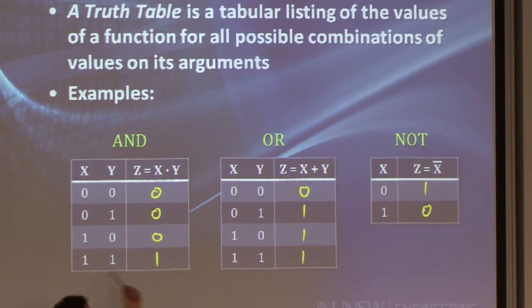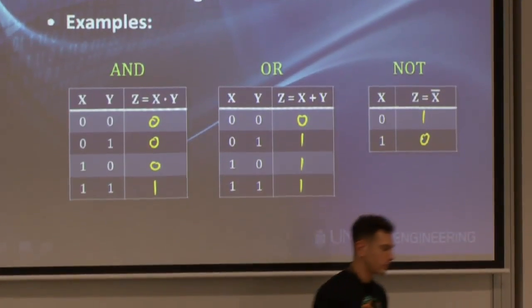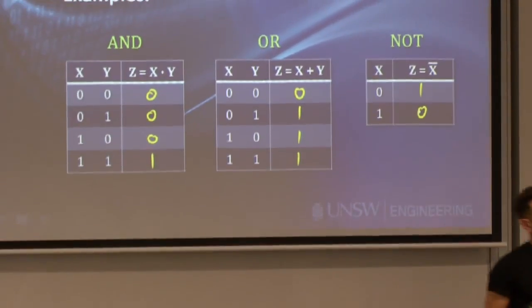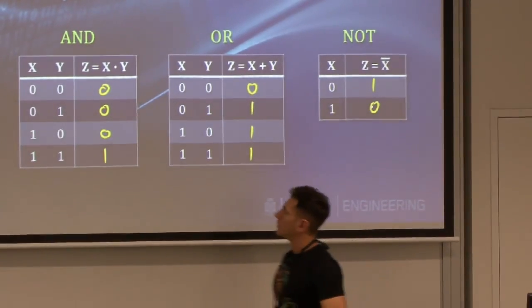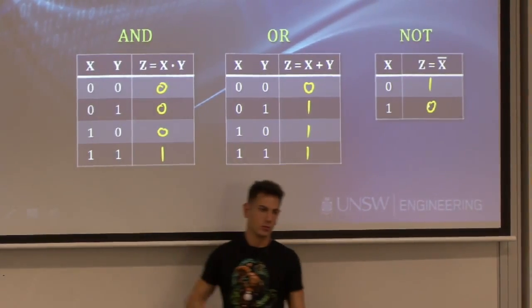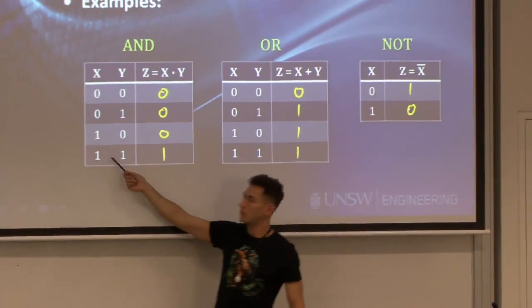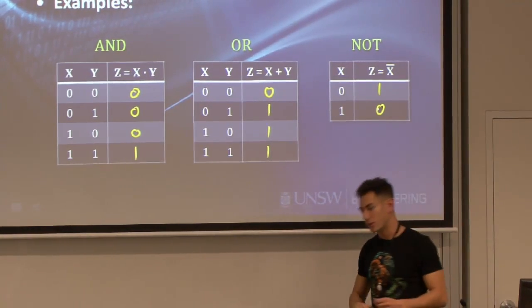Now that's fairly easy to work with when we have 2 variables. There's only 4 different combinations we can produce. And usually we write them in a binary counting order. So 0, 1, 2, and 3. Sometimes we might actually want to write them in a gray code order.